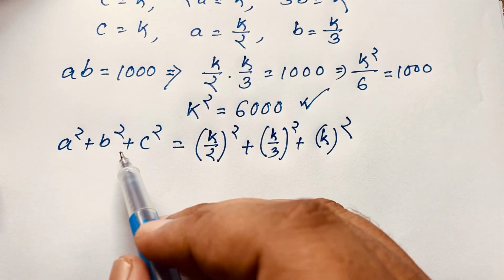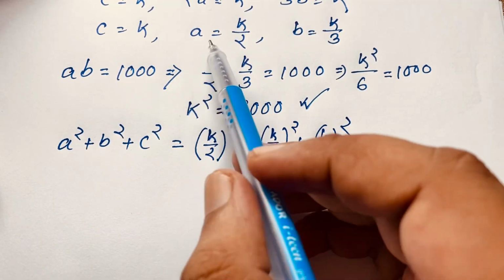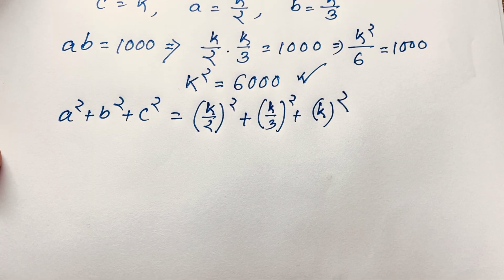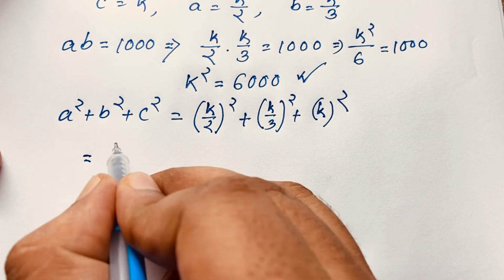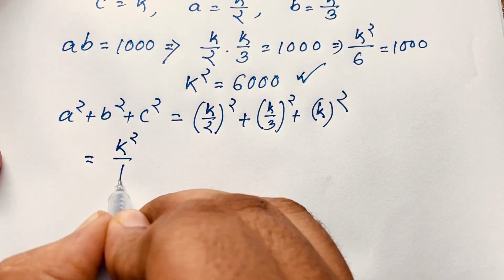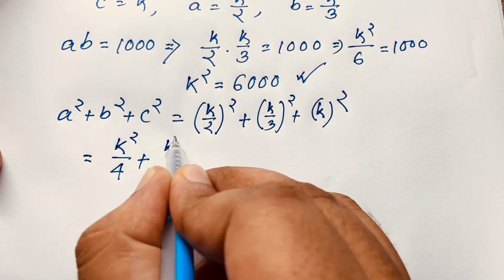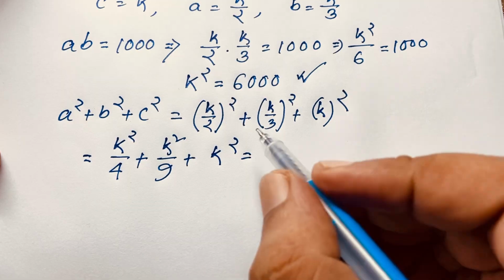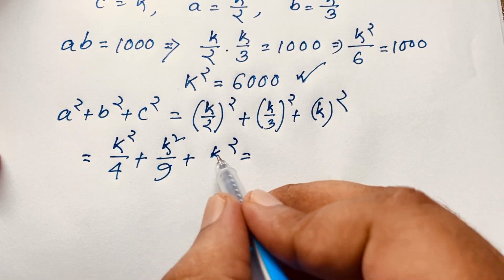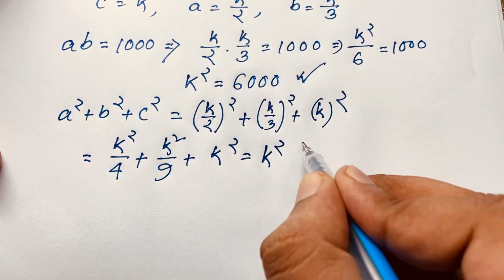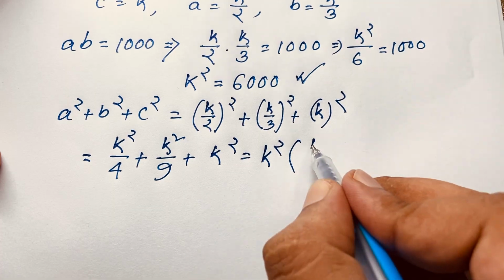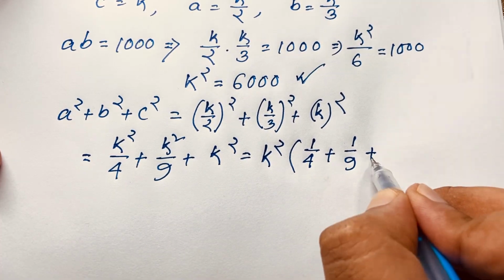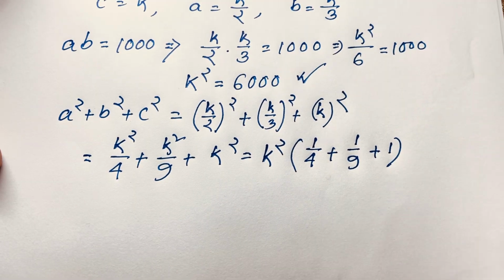I put A, B, C here. A is equal to K over 2 and B is equal to K over 3 and C is equal to K. Now at this moment K square over 4 plus K square over 9 plus K square. Now you can say K square, K square, K square, so K to the power 2 is common, so this divided will be 1 over 4, this will be 1 over 9, and this will be 1.